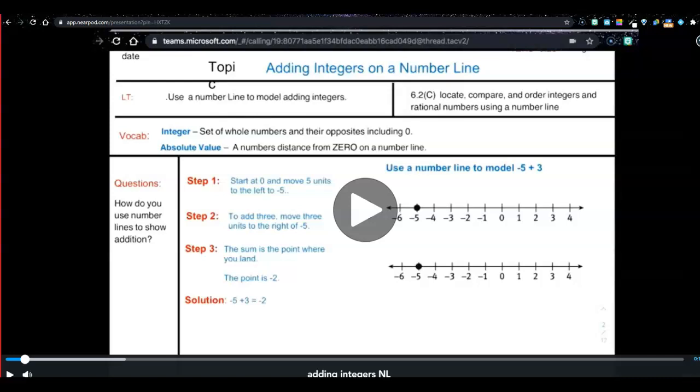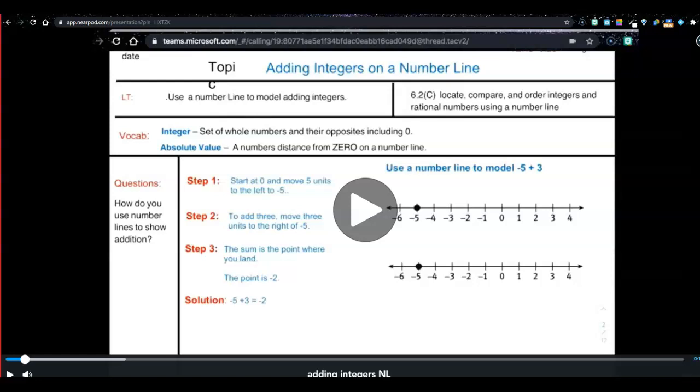Remember, when we have a positive and a negative, they cancel each other out. So this would be a 0 pair, this would be a 0 pair, this would be a 0 pair, and I would have 2 negatives left over. So that's 2 ways of modeling the same problem. So today we're not going to do it like this, but I might do it like this to check the answer. We're going to stick with number lines today.